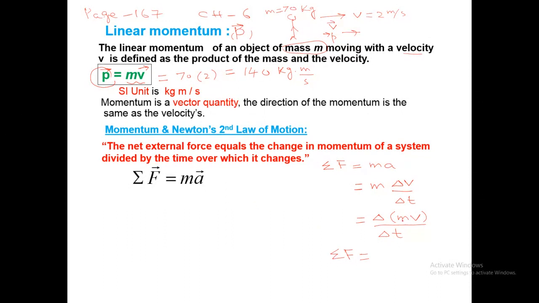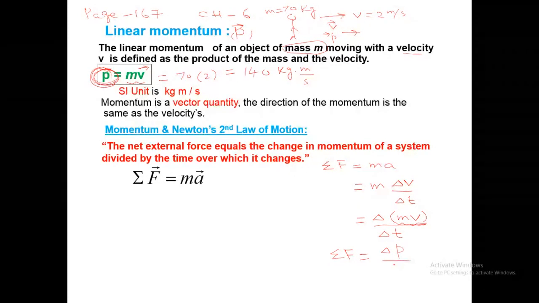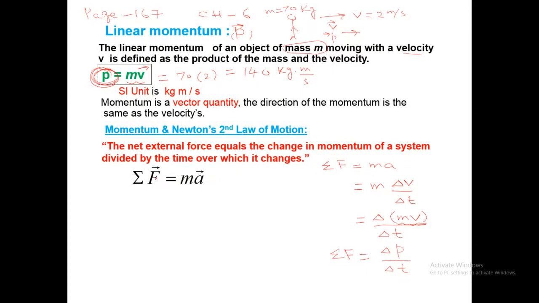Now, M multiplied by velocity is P. So can I write, instead of M multiplied by V, P over time. You see, this is what we started in chapter number 4, that net force, or the sum of the forces, is equal to the mass M multiplied by the acceleration.